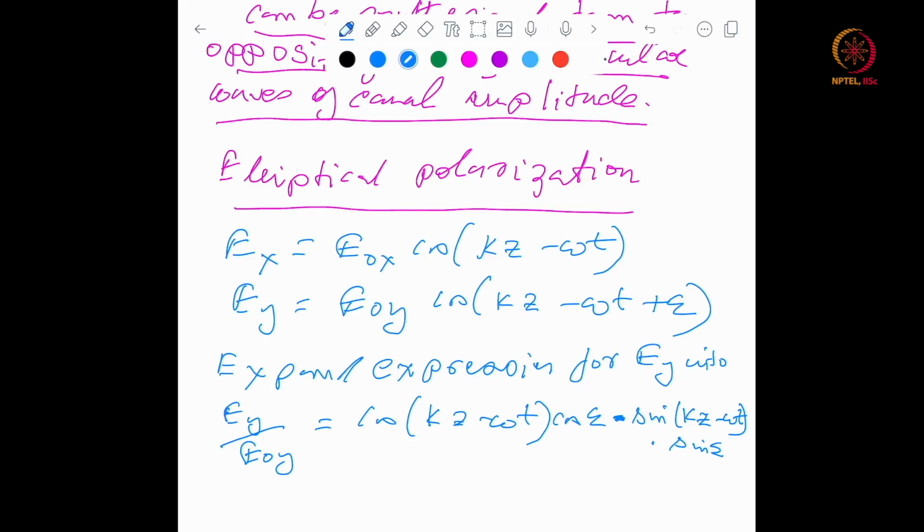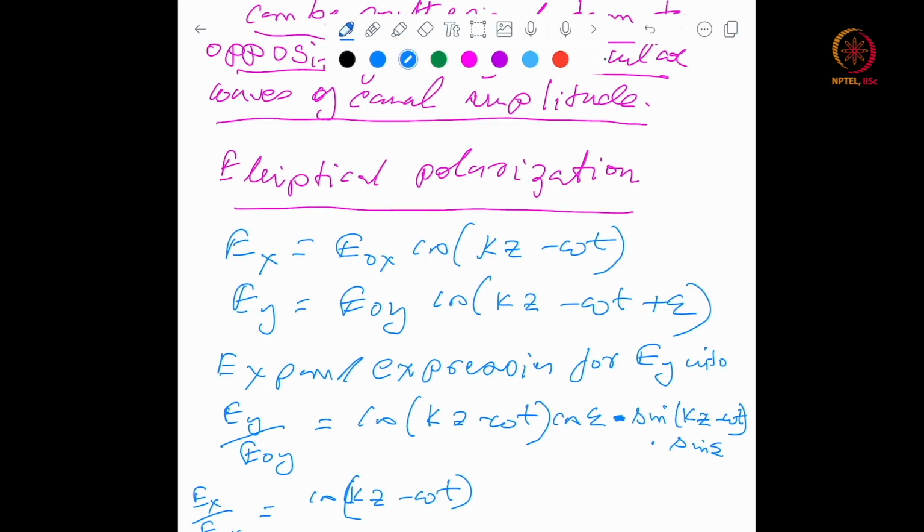Then if you also write Ex by E0x equal to cos(kz − ωt). Okay.